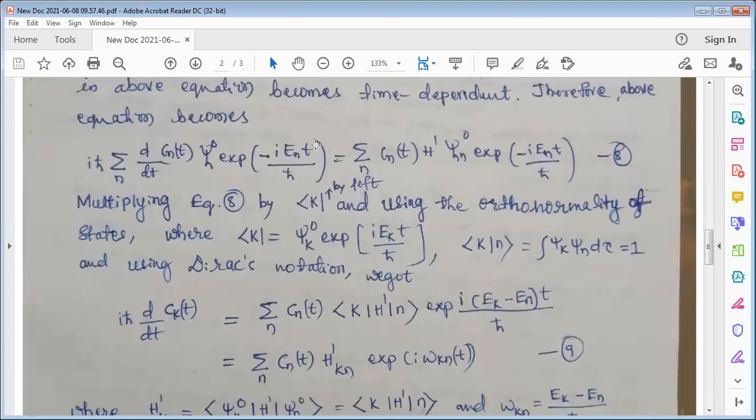And these psi k and psi n are two states here, and psi k is the complex conjugate of psi n, or we can say that the system is initially in the state n, and now it is moving to the state k.